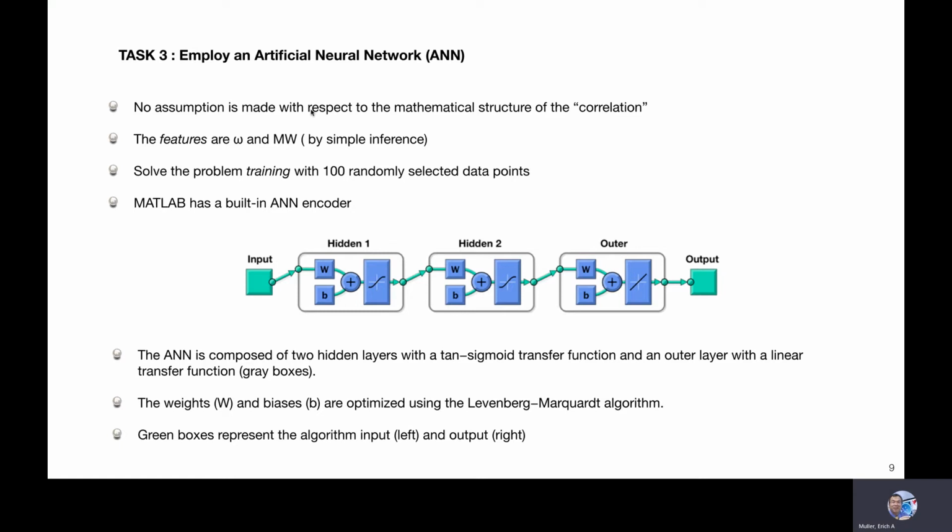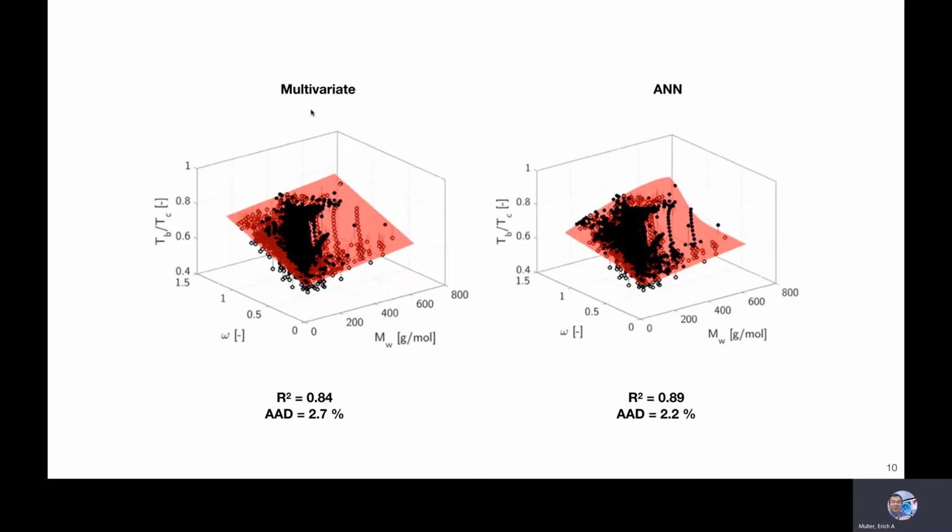The results are quite satisfying. On the left, you have the results which come out of the multivariate or the double linear approximation. The dots correspond to the values in the data set, and of course the red surface corresponds to the result of the correlation. The correlation is not very good.